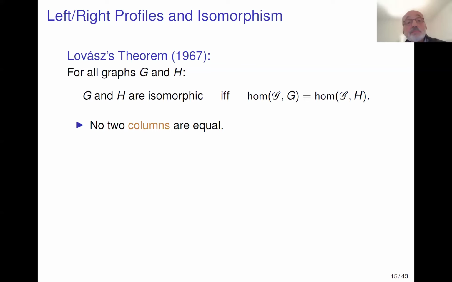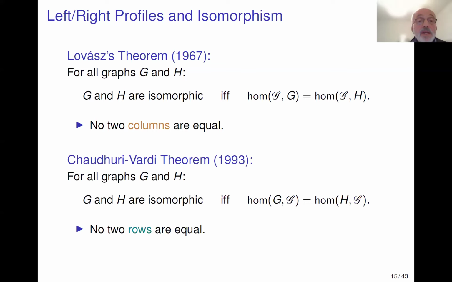So G and H are isomorphic if and only if they have the same left profile. No two columns are equal. That's 1967. The proof is not very difficult. It's an analysis of homomorphisms as the composition of a surjective homomorphism and an isomorphism.